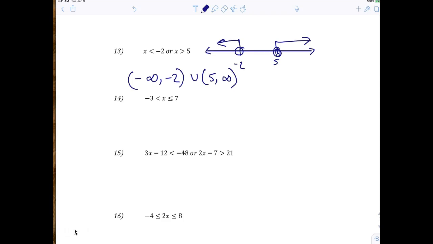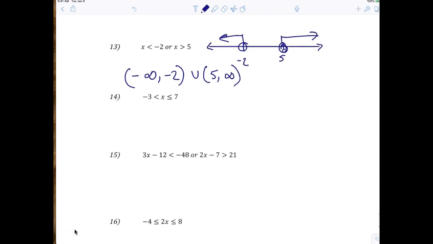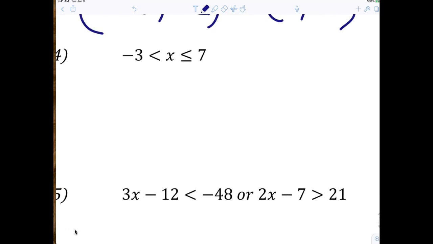All right. Now, for question 14, this just means all numbers between what? -3 and 7. All right. So we would say, open parentheses at -3, 7, bracket. Everybody okay with that?